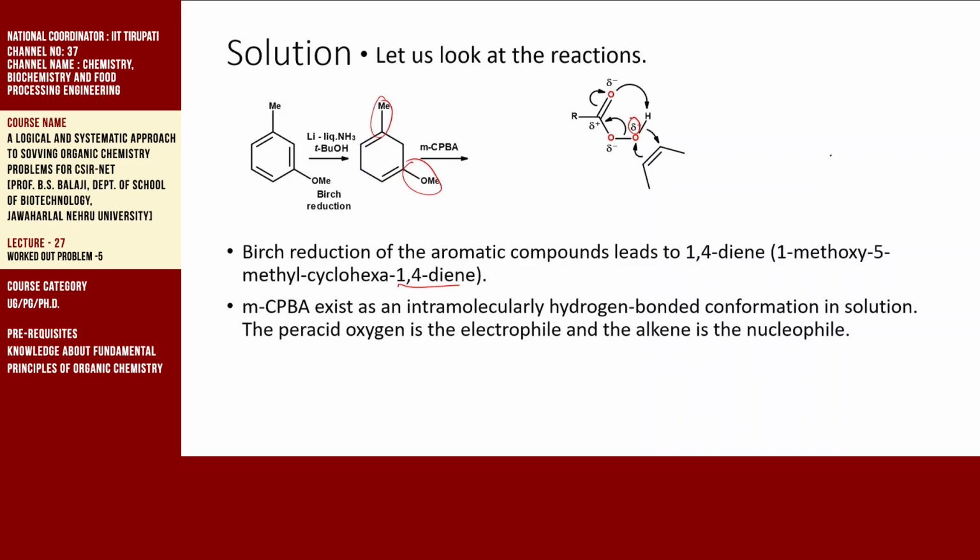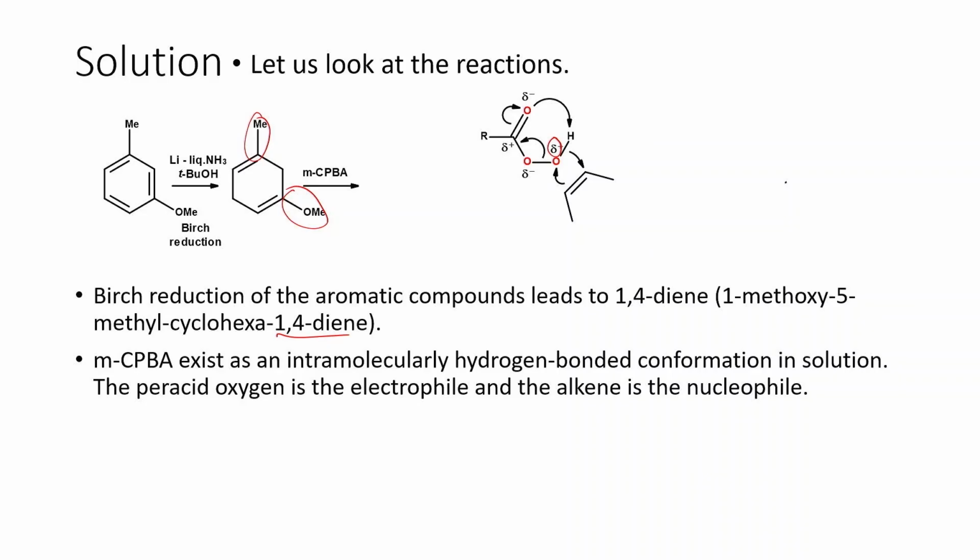Because of the presence of that electropositive oxygen, peroxy acid undergoes epoxidation reactions very effectively with nucleophilic or electron rich pi bonds. That is the reason alkene epoxidation is highly facilitated by peroxy acid and not by normal acids, because a normal acid has two oxygen atoms, whereas peroxy acid has three oxygen atoms.